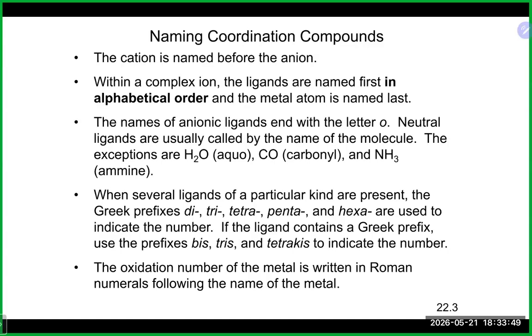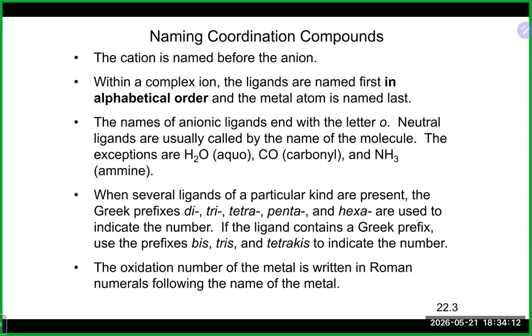Within the complex ion part, the ligands that are attached to the metal in the complex ion are named in alphabetical order first, with the complex ion metal coming at the end. So in these guys there is a complex ion part of the name, and there's also a counter ion part of the name.